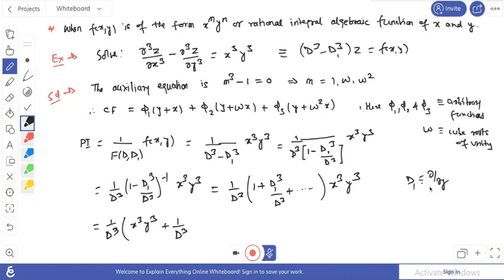If we differentiate partially this function 3 times, the first time it is 3y square x cube, the second time it is 6y x cube, and the third time it is 6 x cube. So this function becomes 6 x cube.